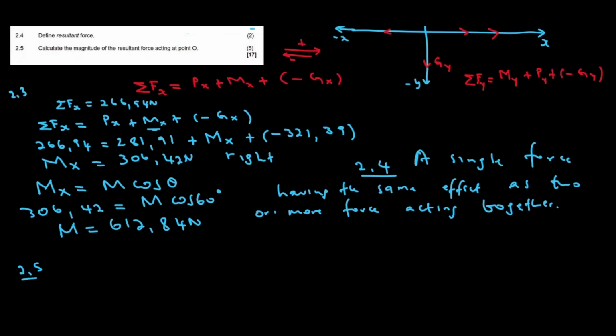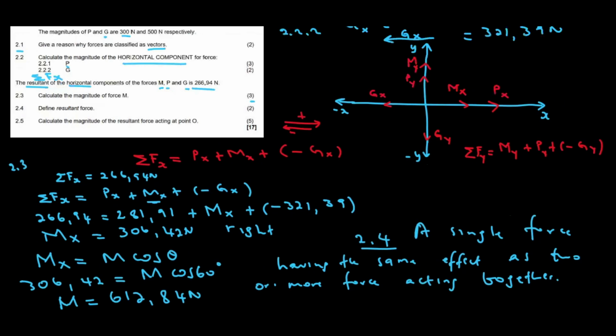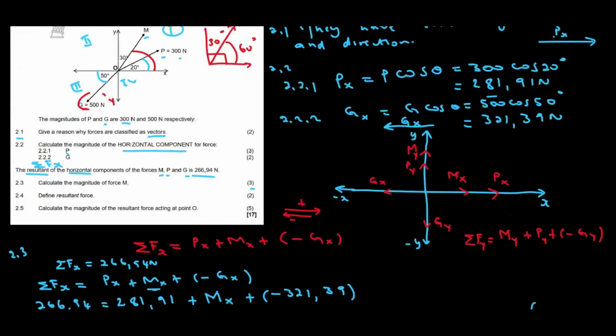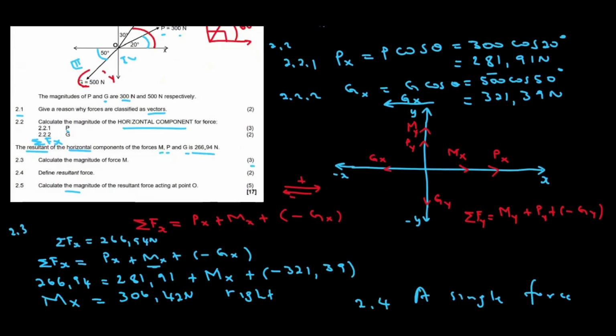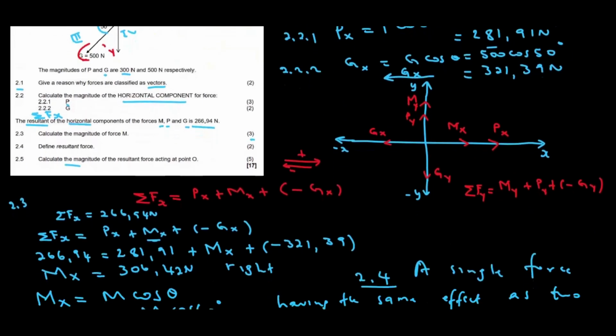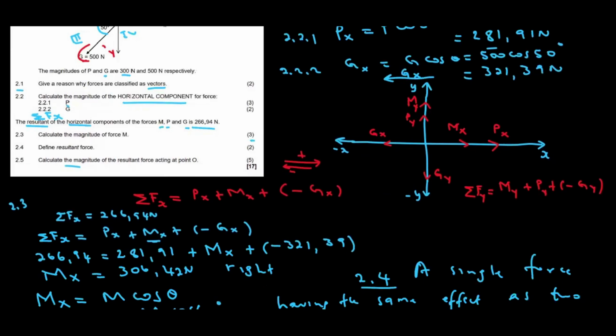Right, they are asking me, let me bring the question. They are asking me to find the resultant or the magnitude of the resultant of the force that acts at point O. Okay, so if we go back to what I said to you, I said we can calculate the sum in X and the sum in Y. All right.